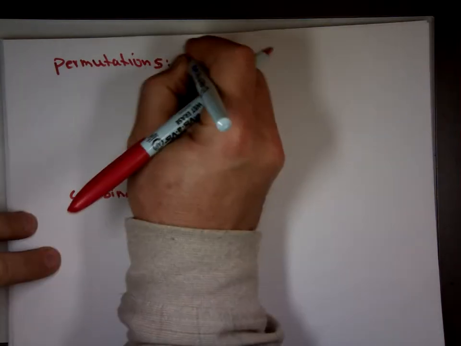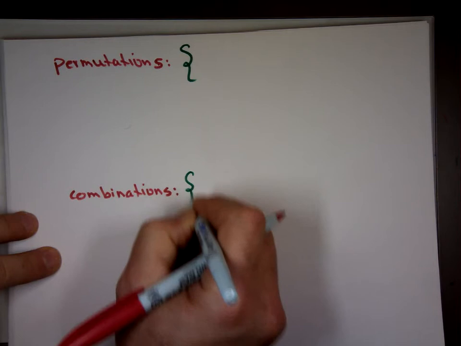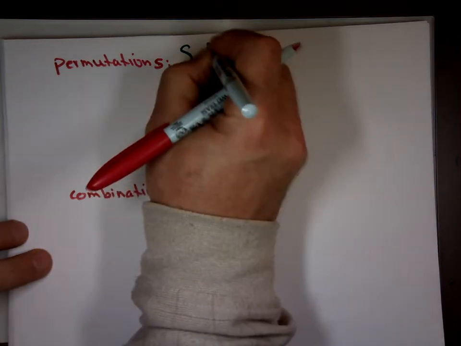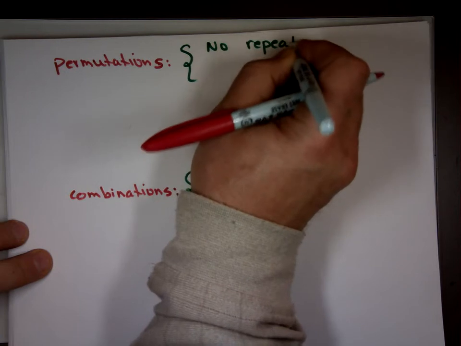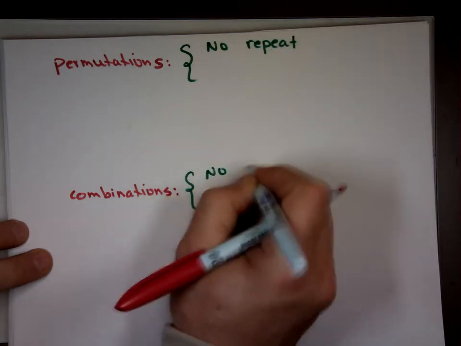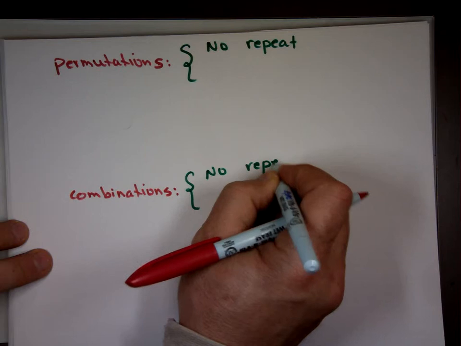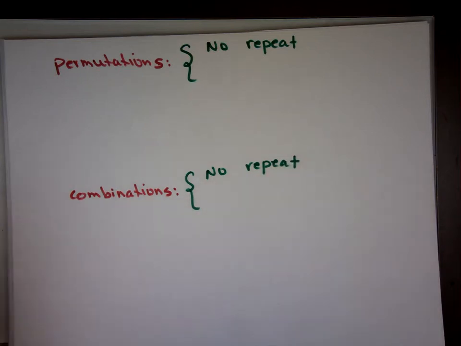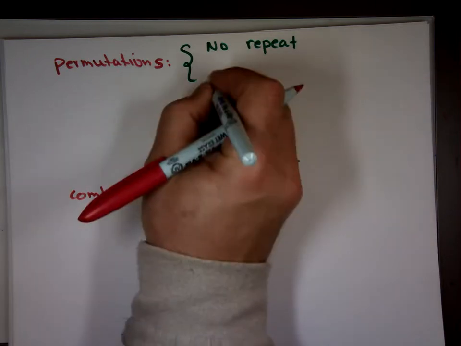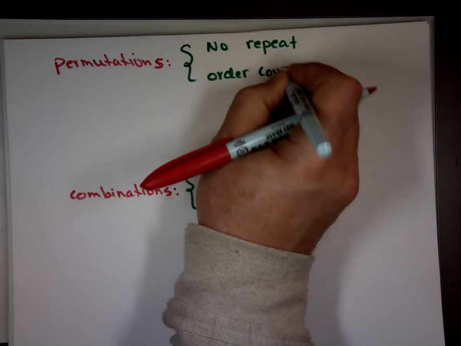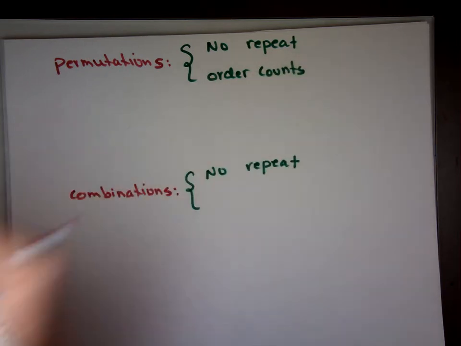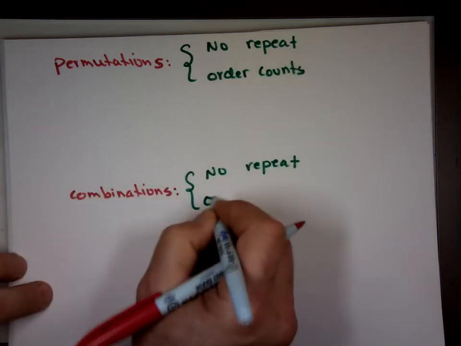We use the permutation when there's no repeat, and for permutation, the order counts. For combinations, the order doesn't count.